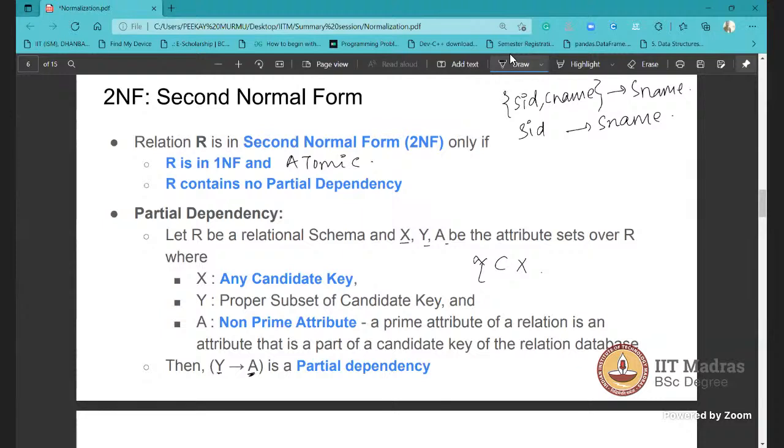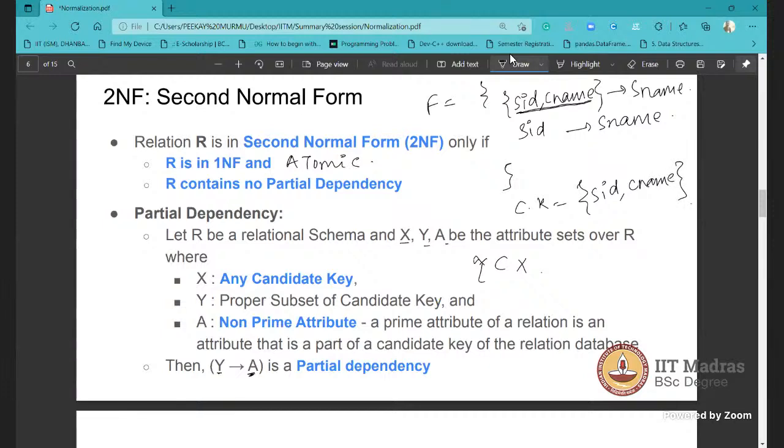So can you find the candidate key in this given functional dependency? Sir, it is SID and CNAME, because if you take the closure of SID and CNAME, it will determine SNAME also. So the candidate key is SID and CNAME.